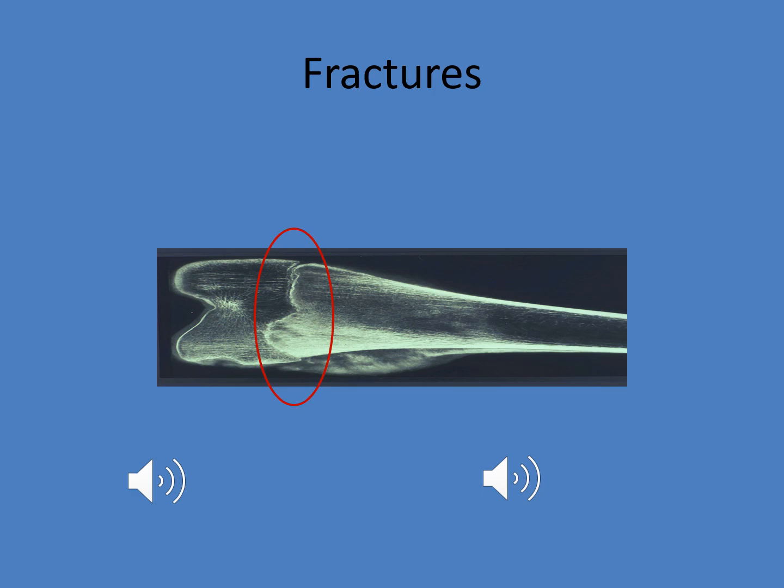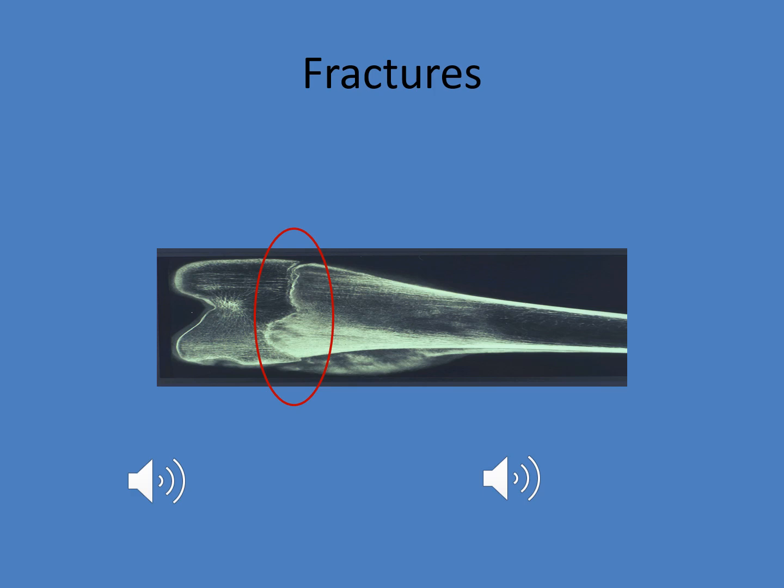Assessment-wise of epiphyseal injuries and fractures, the hallmark signs of an injury are deformity, pain, and edema. If a fracture is suspected, then we should splint the extremity to try and avoid further trauma or damage. It also helps to reduce pain because it prevents further movement of the bone.